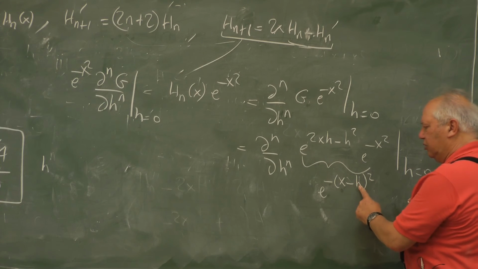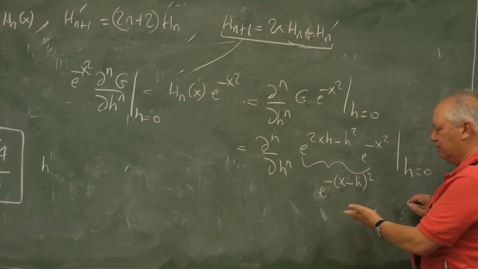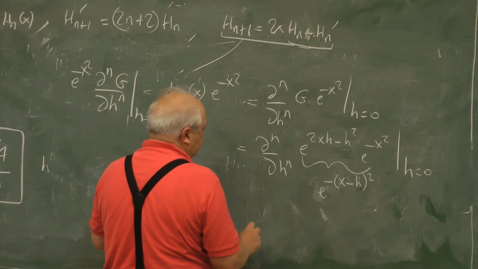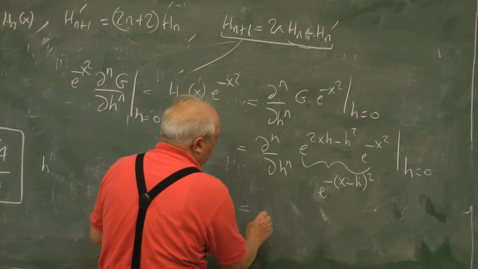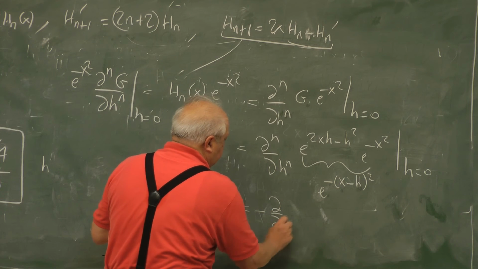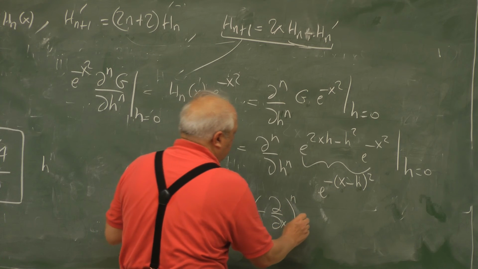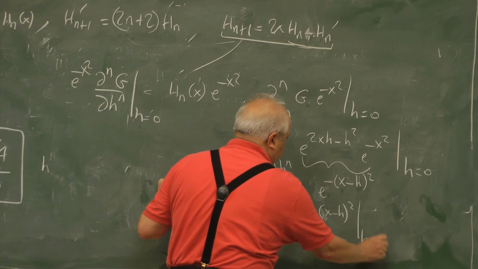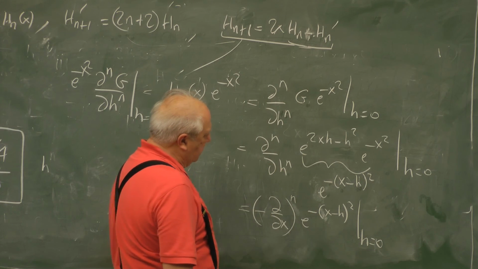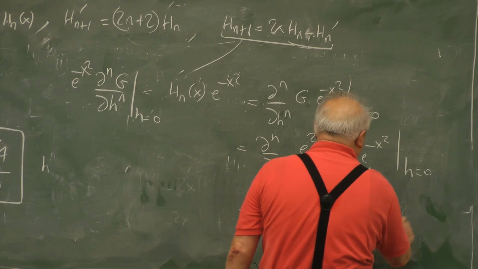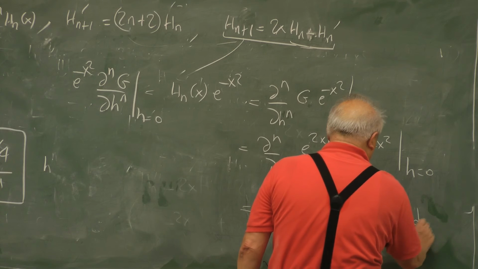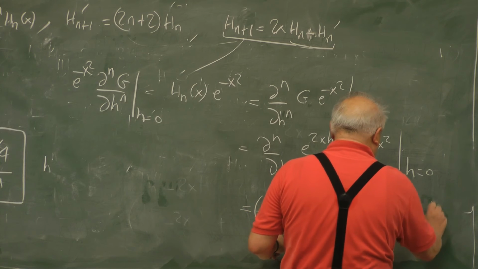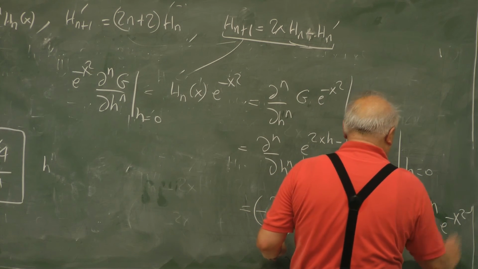Therefore, the derivative with respect to h can be converted to a derivative with respect to x, but with a minus sign. Since we are taking the derivative n times, this is minus d by dx to the n, e to the minus x minus h squared, and we set h equals 0. We can set h equals 0 immediately. So it is minus to the n. I can just use d by dx because there is no h anymore: d by dx to the n, e to the minus x squared.